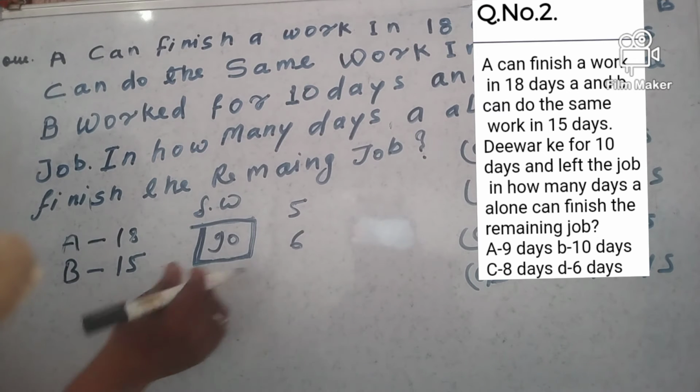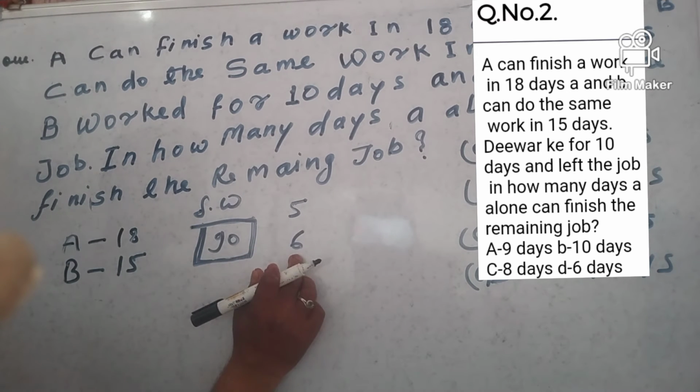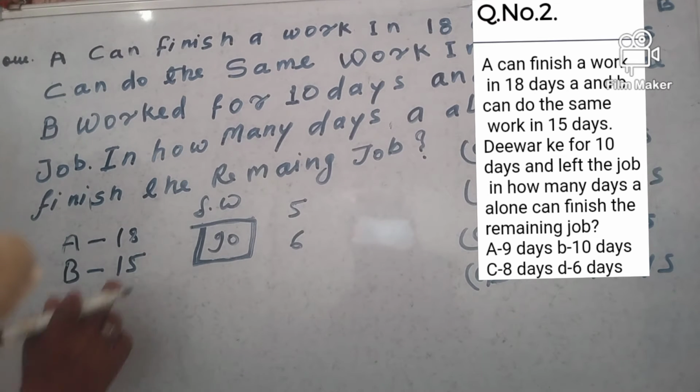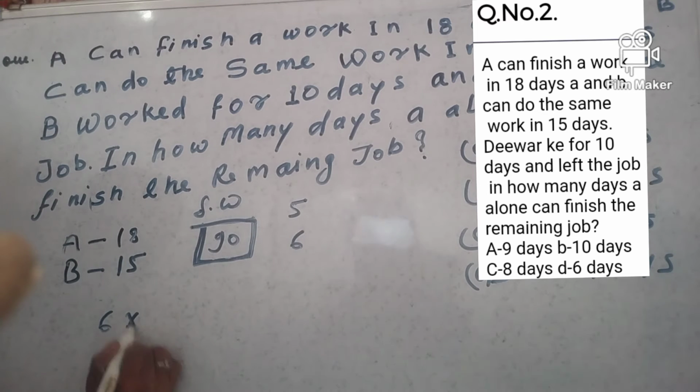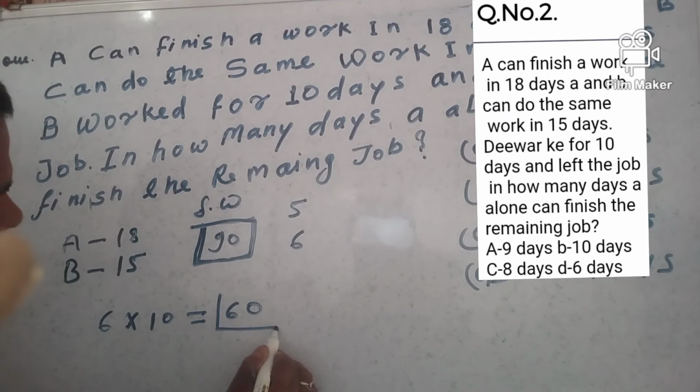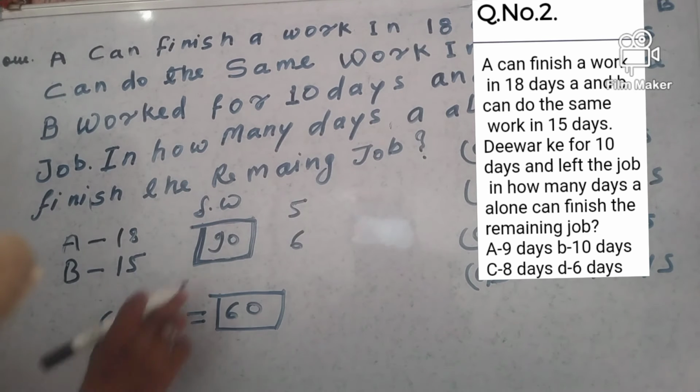It means B's efficiency is 6. So 6 into 10 will be 60, he completed 60 work out of 90 work.